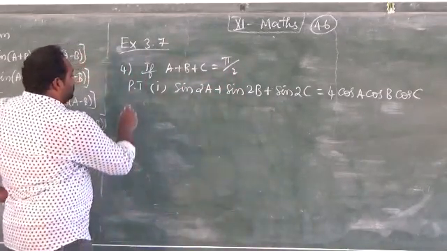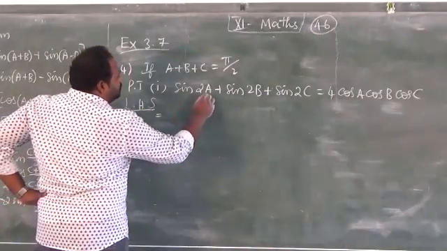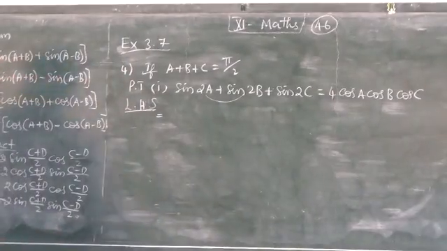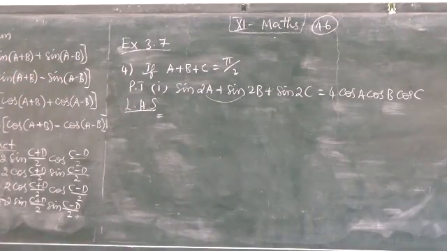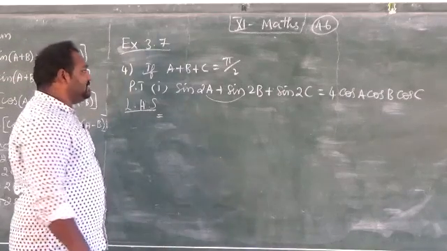So here I am going to take the LHS side. Sin 2a plus sin 2b, here I am going to take the sin c plus sin d sum to product formula, which is 2 sin of (c plus d) by 2 cos of (c minus d) by 2.